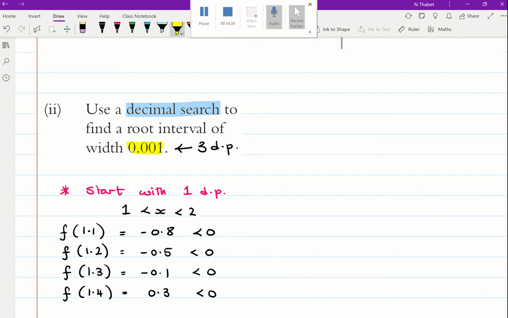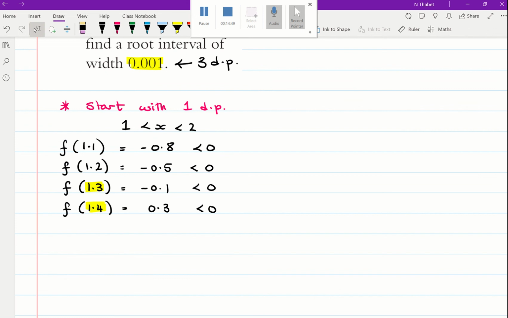So there is a change of sign between 1.3 and 1.4. So that is going to be our new interval. So our new interval is x is bigger than 1.3 and smaller than 1.4.